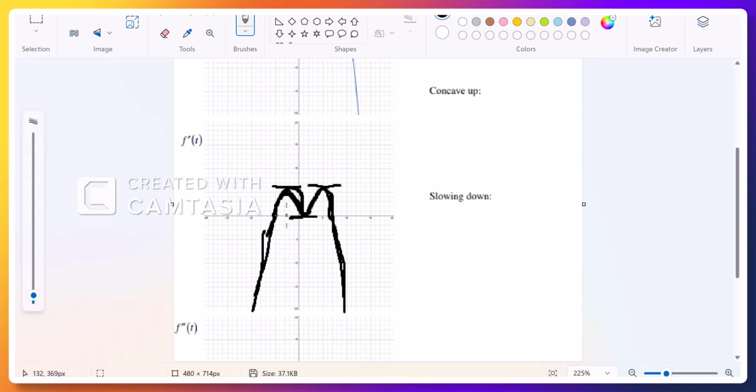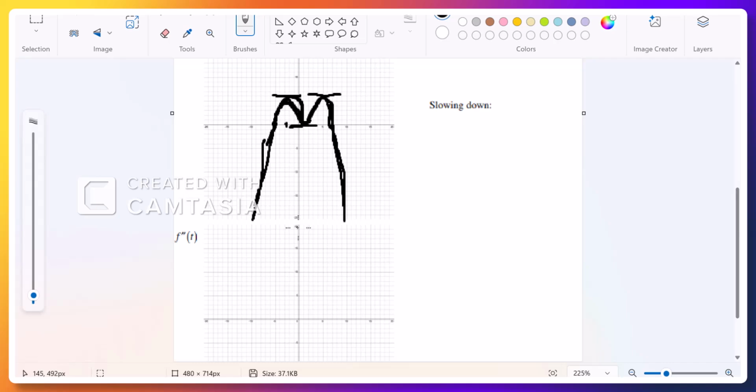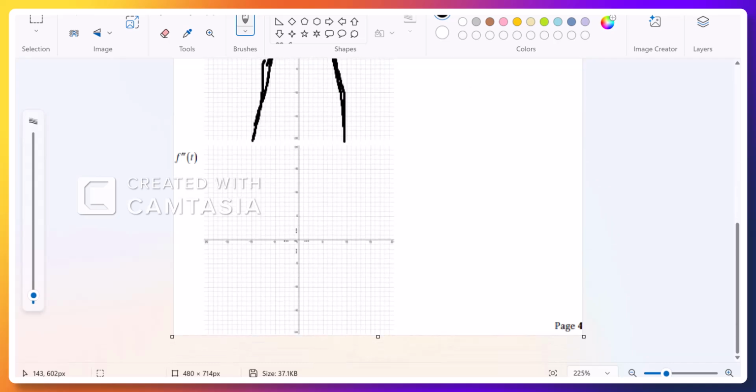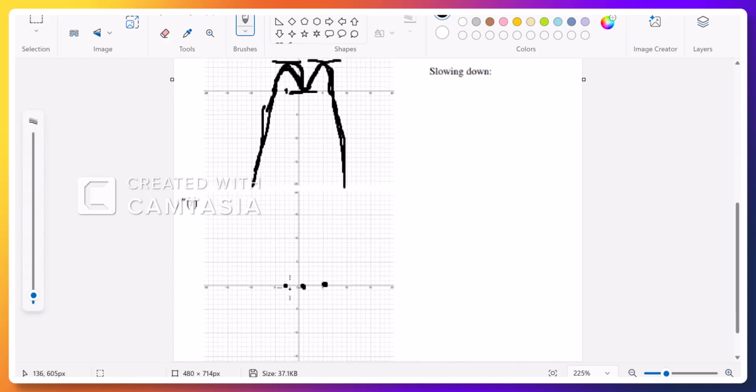And it's also horizontal at, it looks to be around -3, right here. Okay, now let's put that down. So like I said, -3 around there. Then we're going to have 1, and then we're also going to have 5.